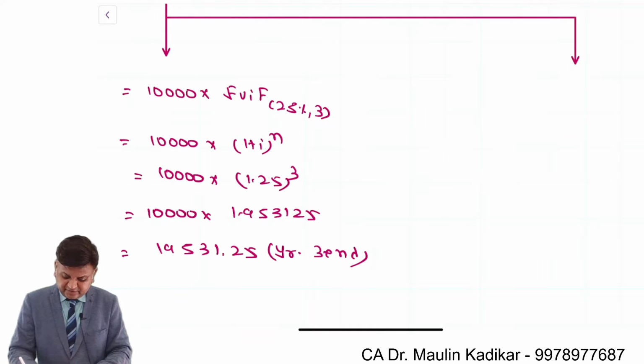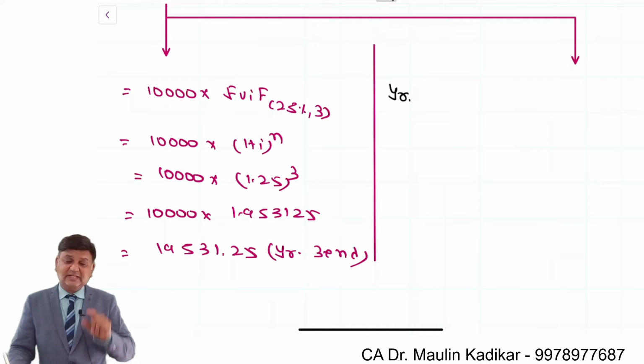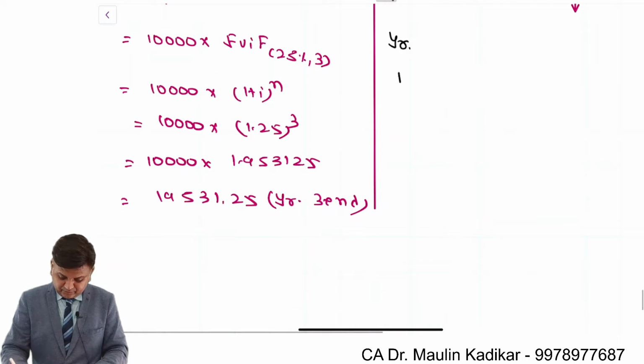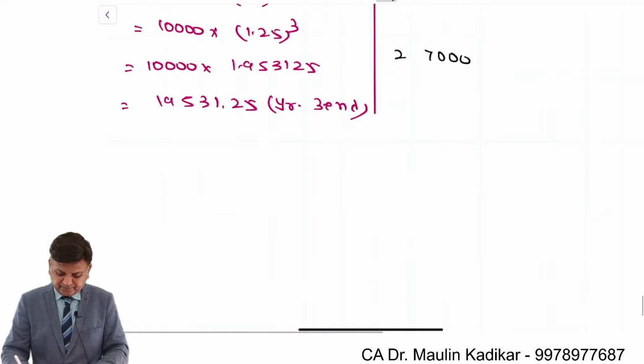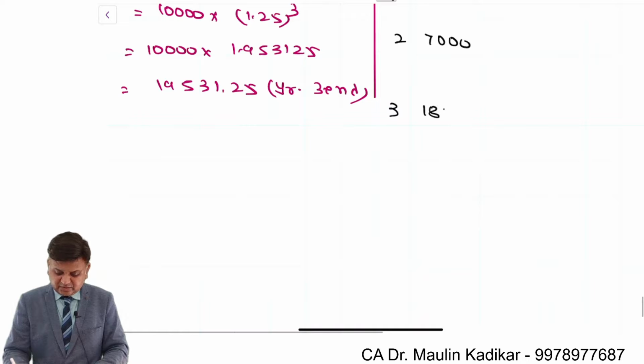Now instead of investing somewhere else, you invest in this project. As per your information, I have calculated the cash flow. First year it is 4,000, second year it is 7,000, third year it is 18,000.